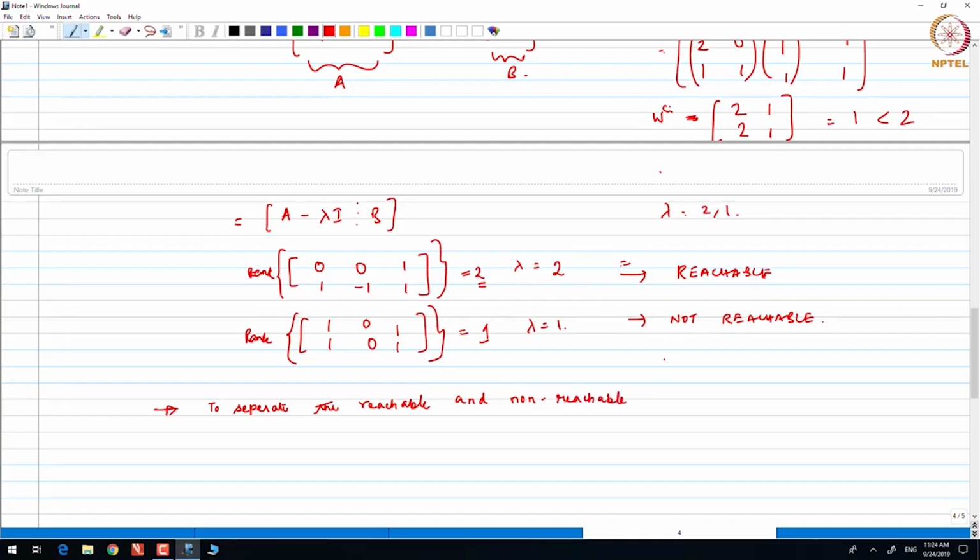To separate the reachable from the non-reachable states, we use the SVD condition and then come up with a linear transformation.